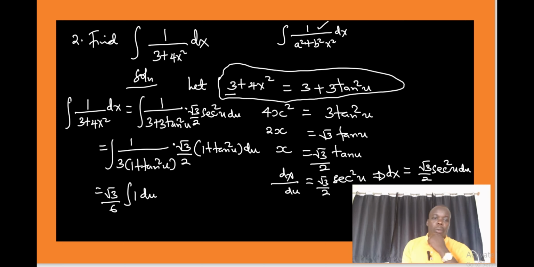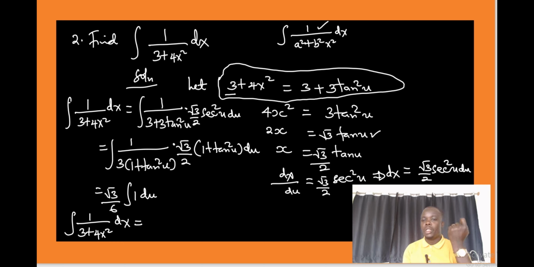Now, from this level, I can actually conclude that our integral of 1 over 3 plus 4x squared with respect to x will now be root 3 over 6 u. But our question was in terms of x, so I will express u back in terms of x. How? I get back here to this step.